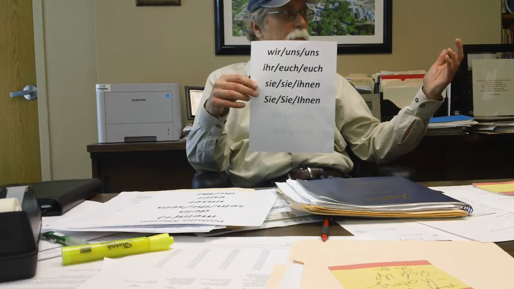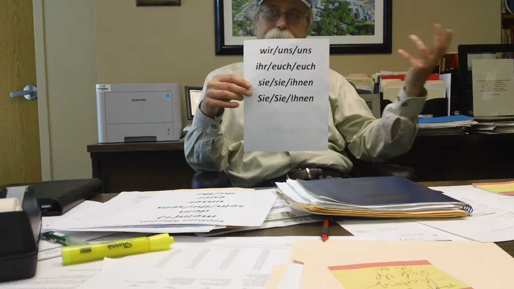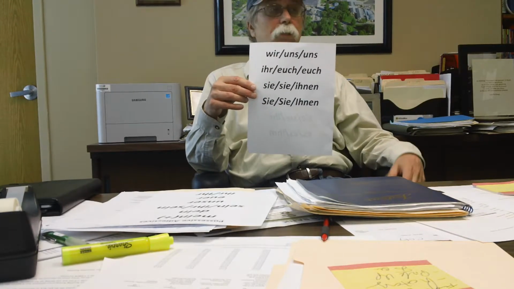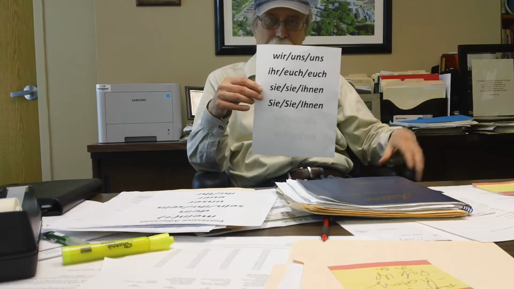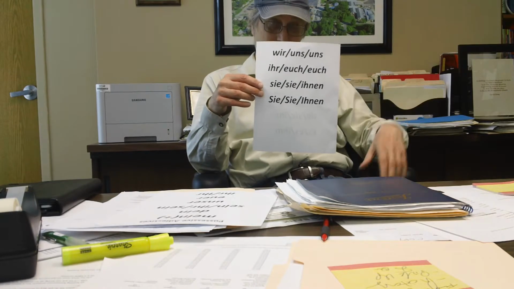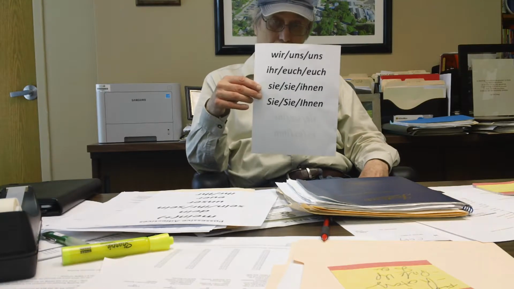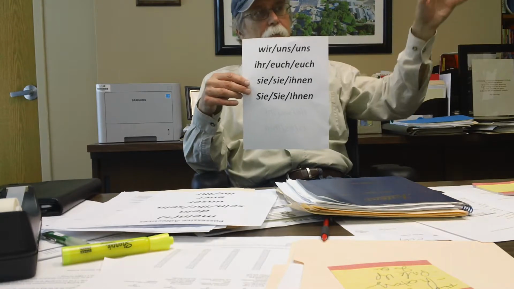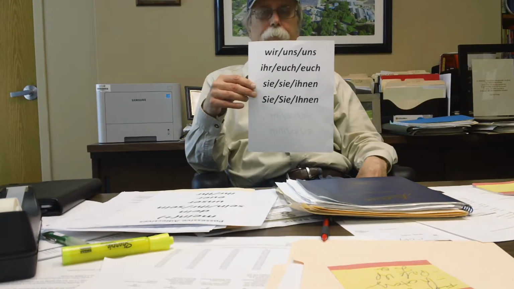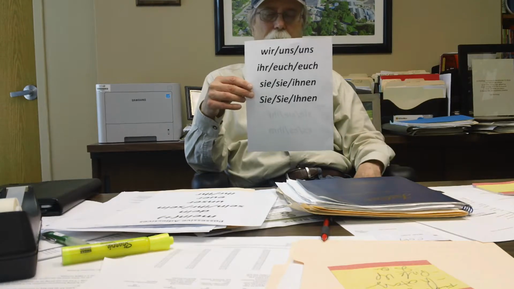Sie hilft uns. Well, that's dative. Sie schenkt uns immer Bonbons zum Weihnachten. Gives us candy for Christmas. That's the indirect object. Und die bringen uns mit, or nehmen uns mit, they're taking us along. And that's the direct object.